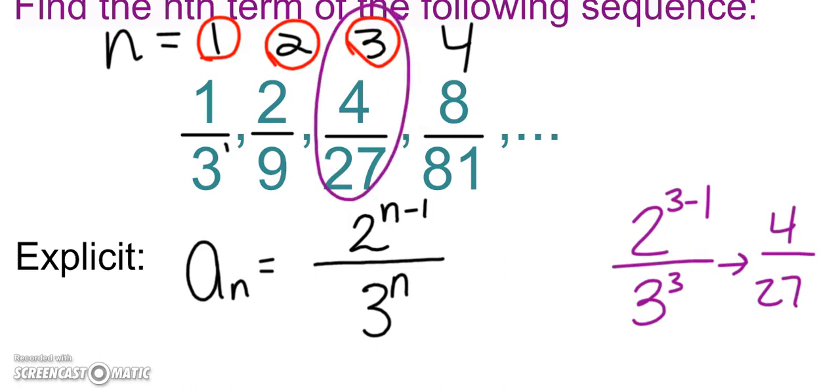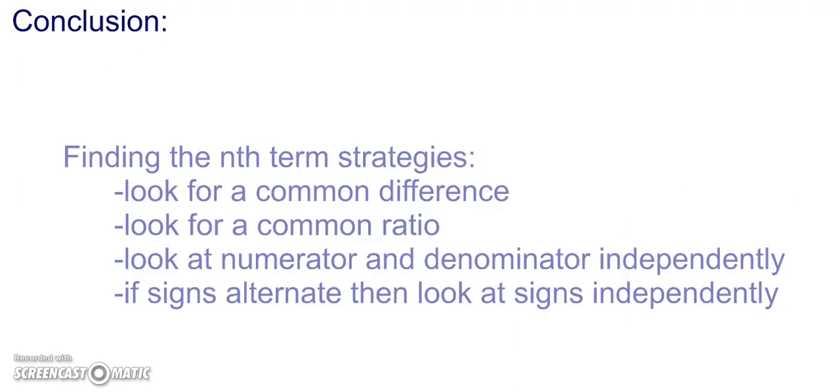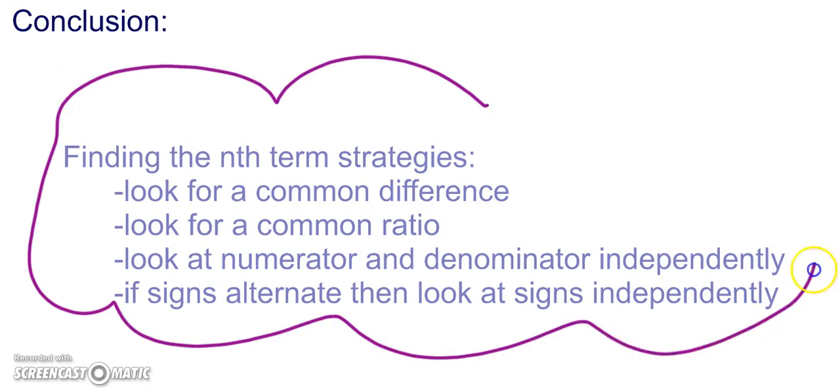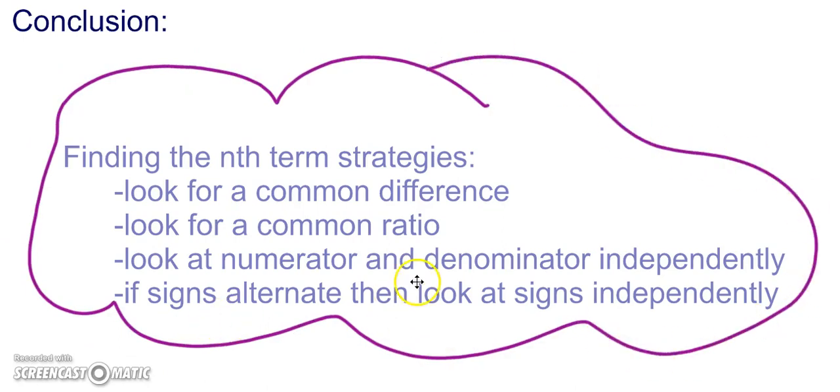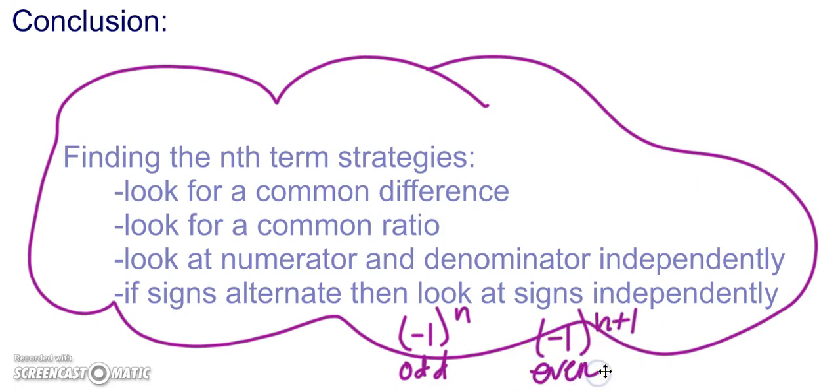Okay, lots of practice. So again, strategies, put a big star by these in your notes. If signs alternate, keep in mind negative 1 to the n will usually result in negatives in the odd location. Negative 1 to the n plus 1 will give you your negatives in the even location. All right, time to practice.